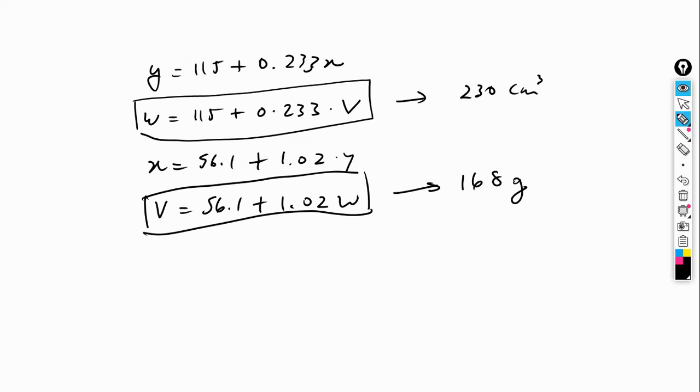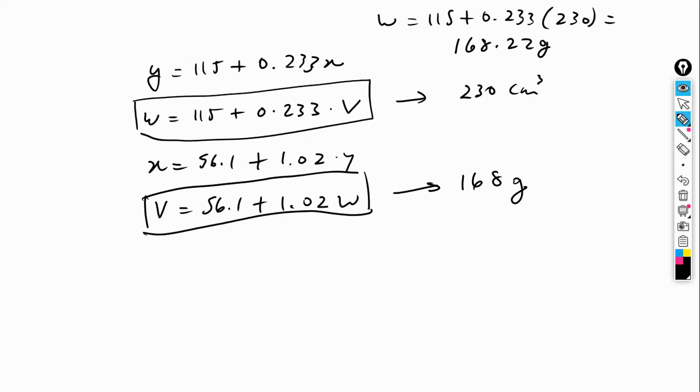So all we have to do is plug this in, right? So W, or the weight, is going to equal 115 plus 0.233 times 230. And then from this, we're going to get that the weight is 168.22 grams. So that's the weight of a 230 cubic centimeter fruit.